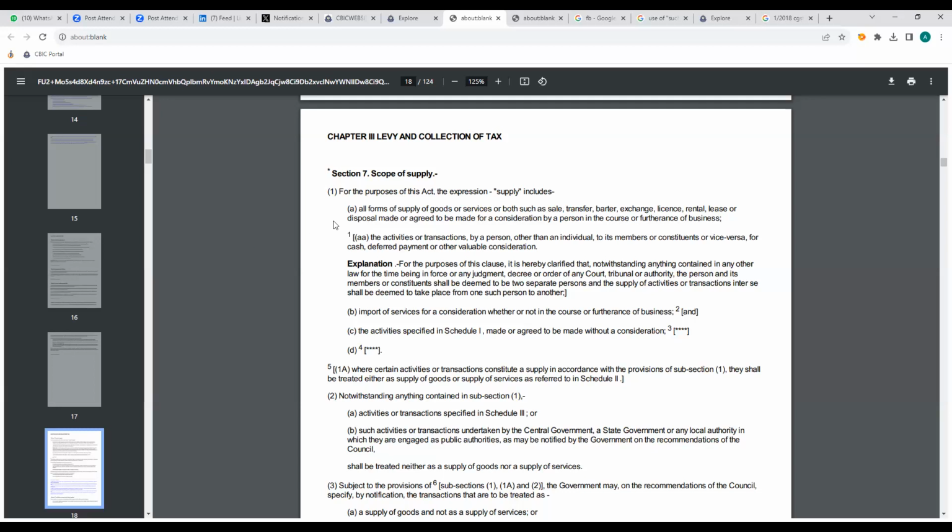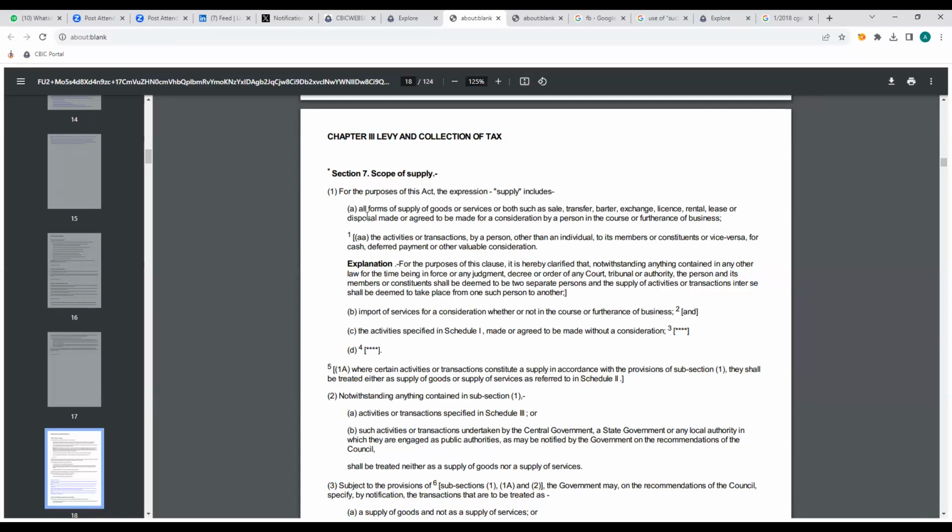Then second, 7.1 speaks about all forms of supply of goods or services or both, such as. The subsequent word following this phrase is such as. So if we go through the interpretation which has been given to the term such as, that means an exhaustive list has been given.